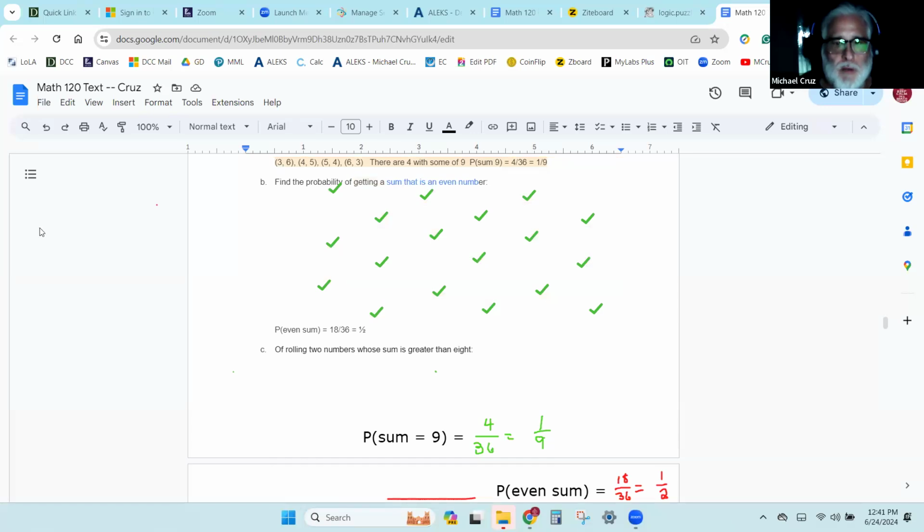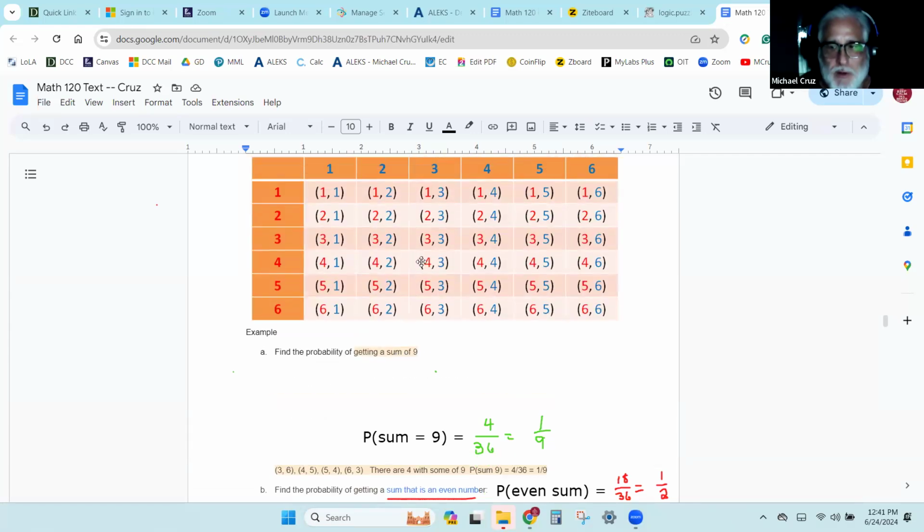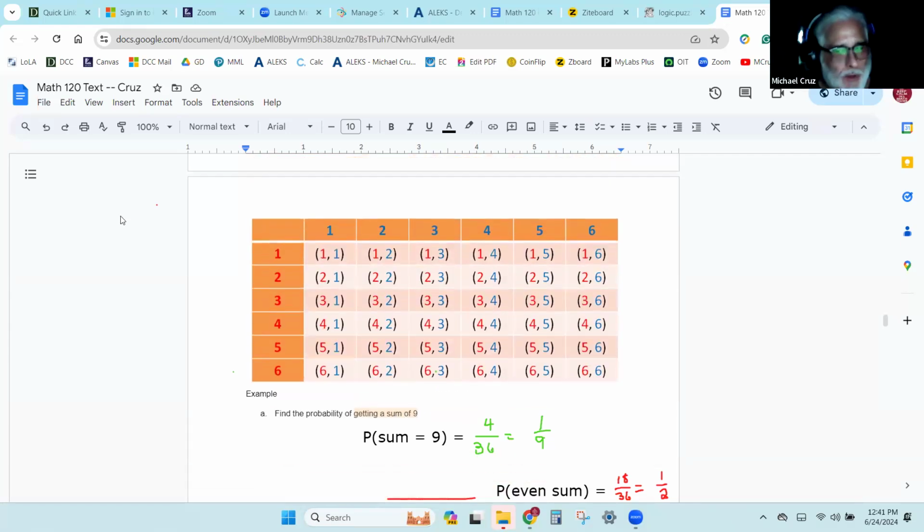And the next one was sum greater than 8. So a sum greater than 8. So let's go back up there and look. And we're looking for the ones that the sum is greater than 8. So this one is greater than 8 because 6 and 6 is 12. 5 and 6 is 11, as well as 6 and 5 are 11.